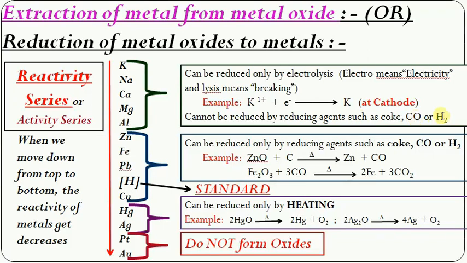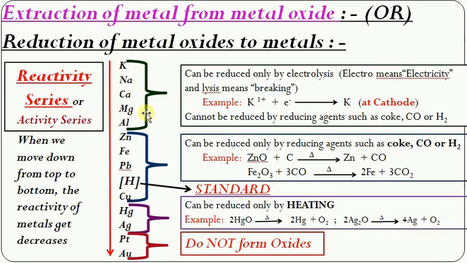The reason is that these reducing agents cannot produce enough energy to break the metal-oxygen bond. If the metal-oxygen bond is broken, we get metals. So this method doesn't work for these highly reactive metals.